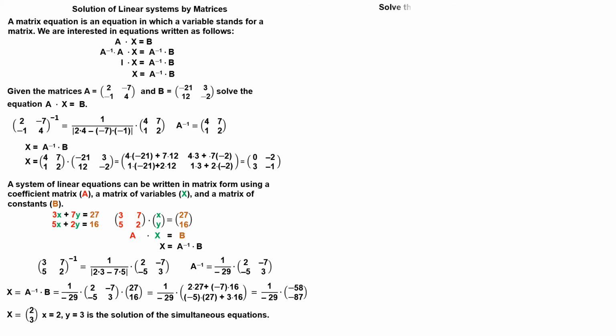Solve the simultaneous equations. Write the system as a matrix equation A times X equals B. The matrix A is the coefficient matrix. X is the matrix of variables. B is the matrix of constants.